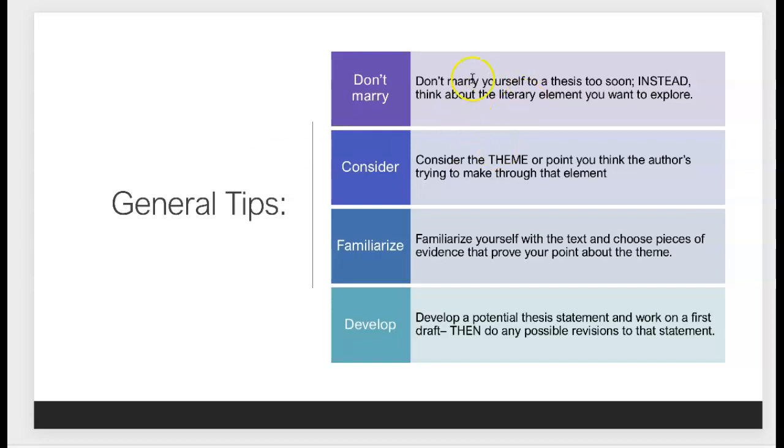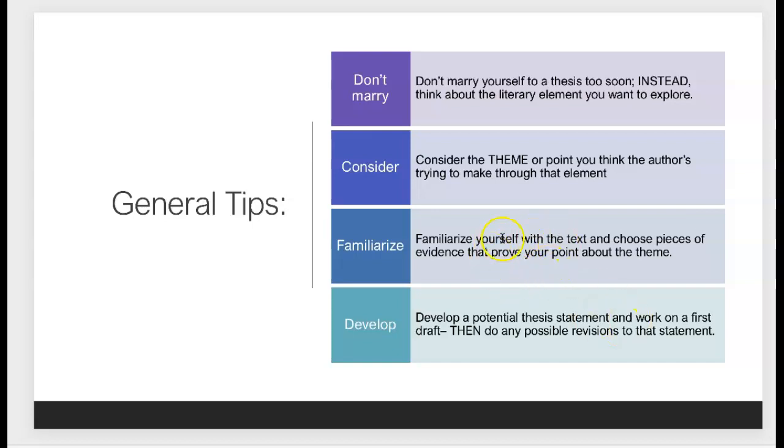Once you've figured out the literary element you want to focus your essay on, then you can consider the theme, or the point that you think the author is making through that element. What is the author saying about a specific topic? Then, after you've thought about these two things, you want to familiarize yourself with the text and choose pieces of evidence that prove your point about the theme.